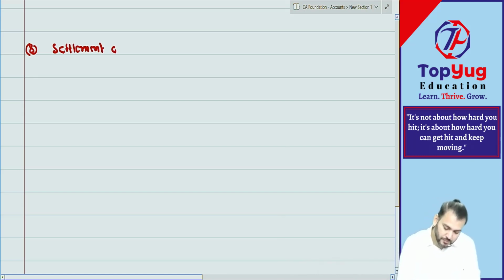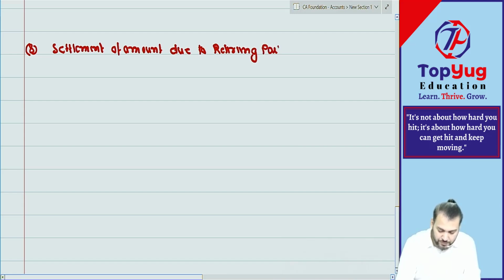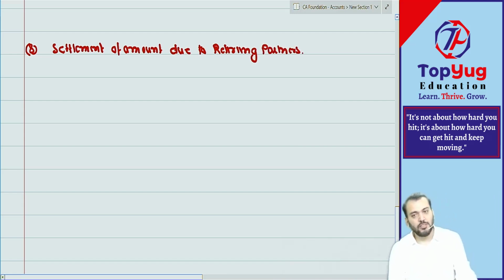Settlement of amount due to retiring partners. Settlement of amount due to retiring partner.